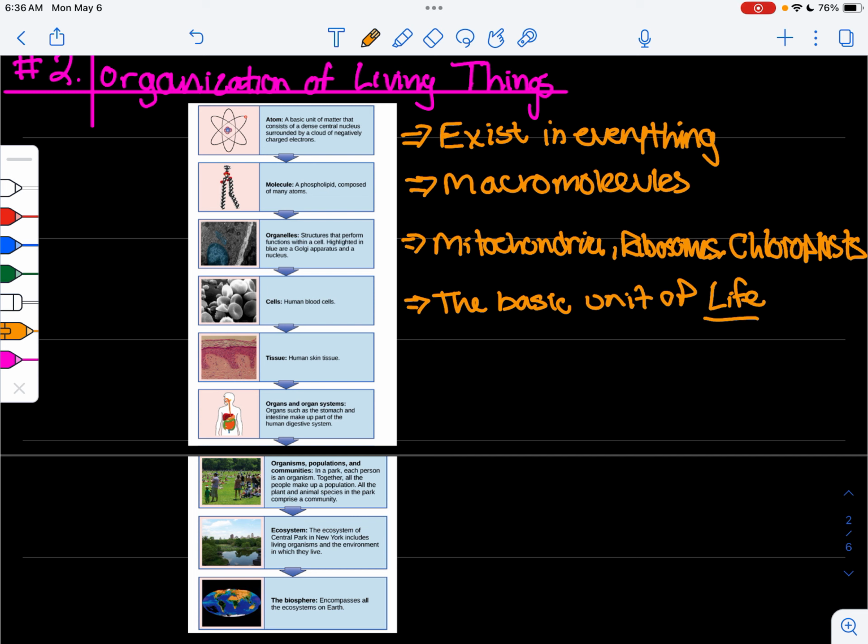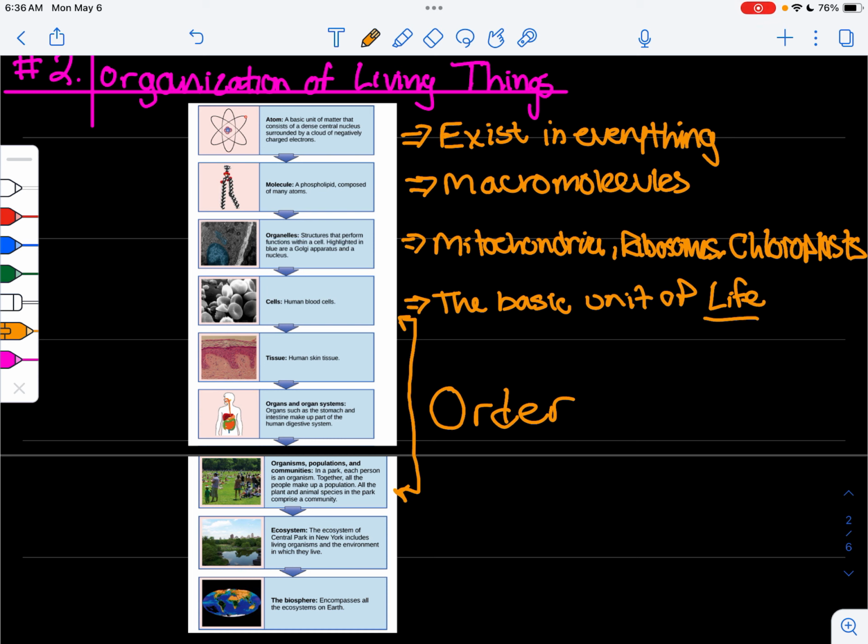So all of this right here is order. Order was the first thing we talked about, and the 8 unifying characteristics of life. So we have cells, tissues, organs, organ systems, and organisms.